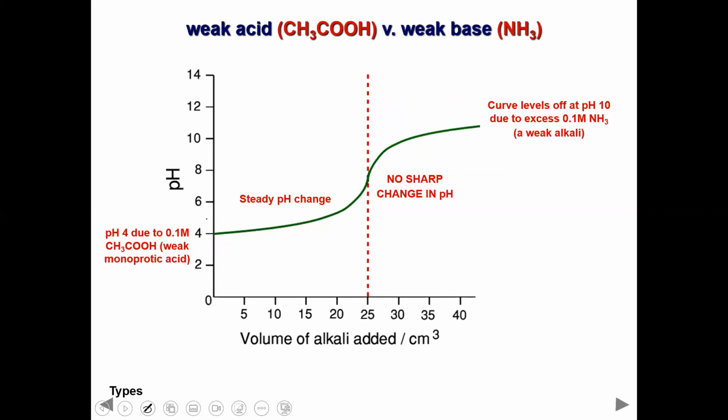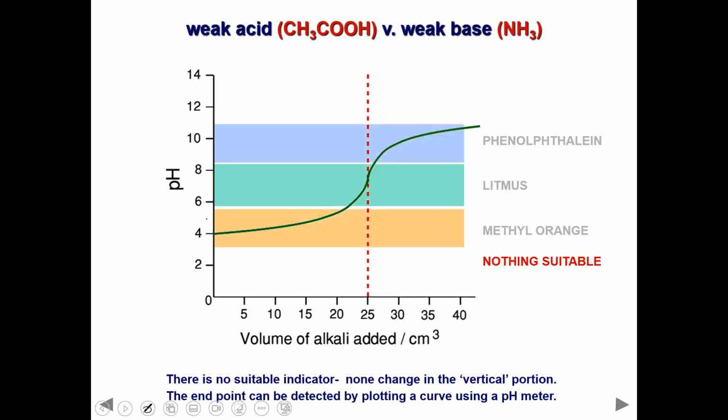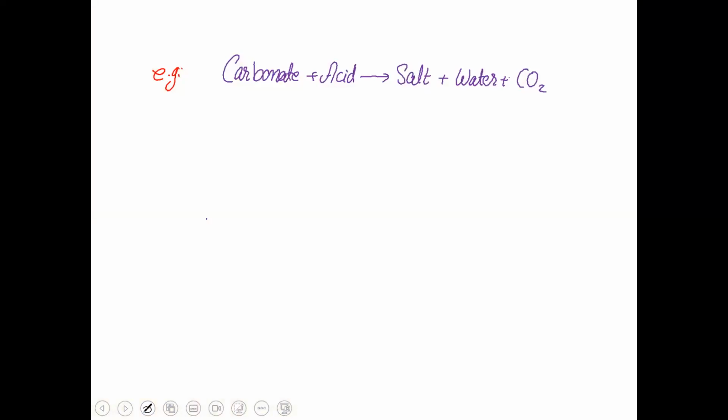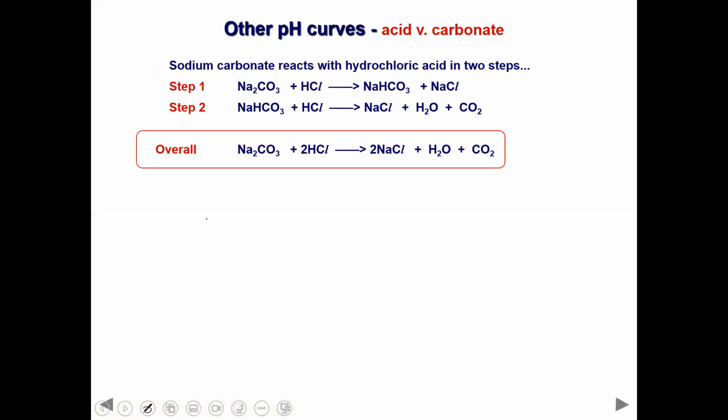Interestingly, when you have a weak acid and a weak alkali, technically there is no sharp vertical section. So theoretically, no indicator is perfect. Other pH curves are for when you are using some salts and combined equations.